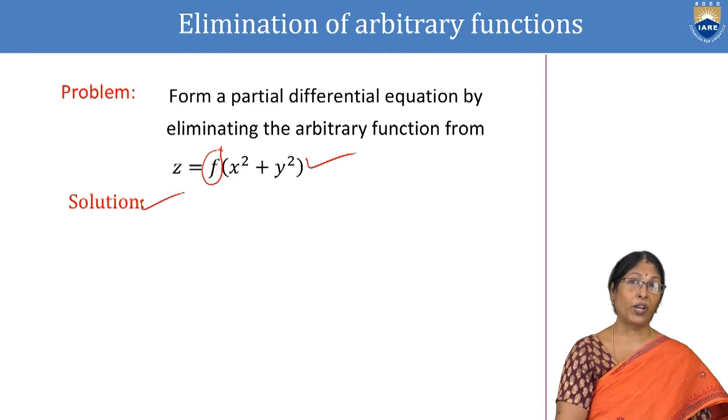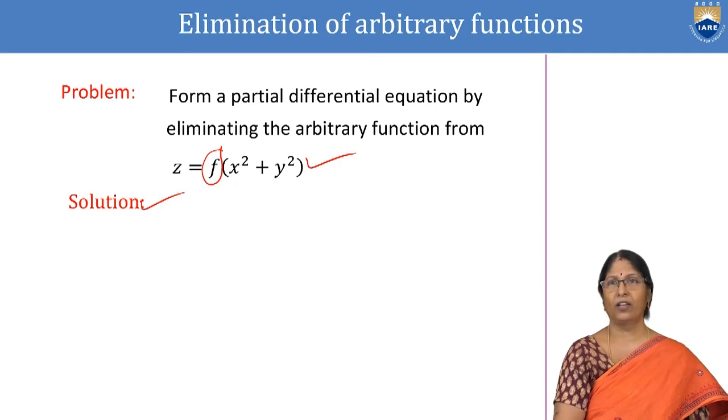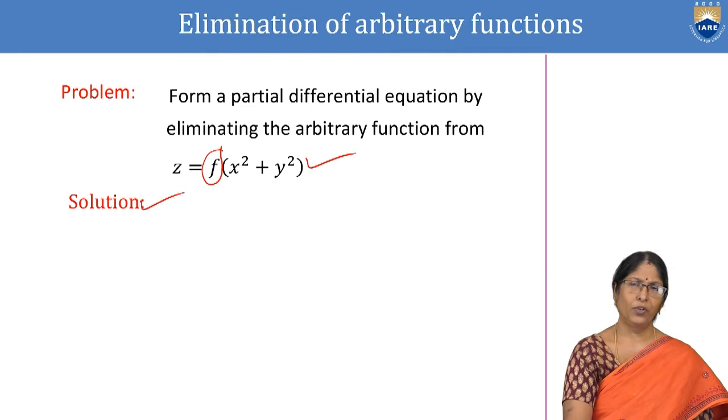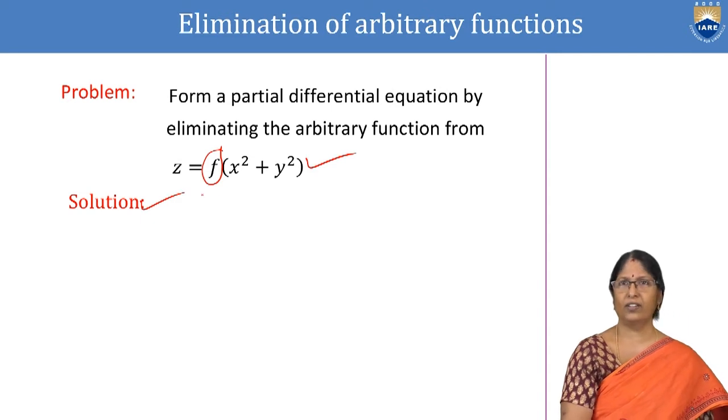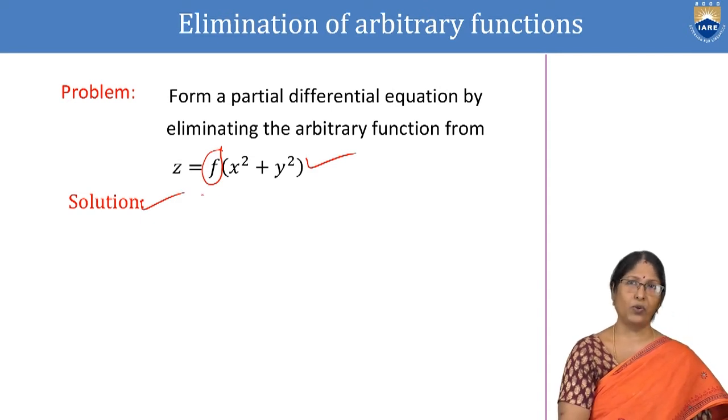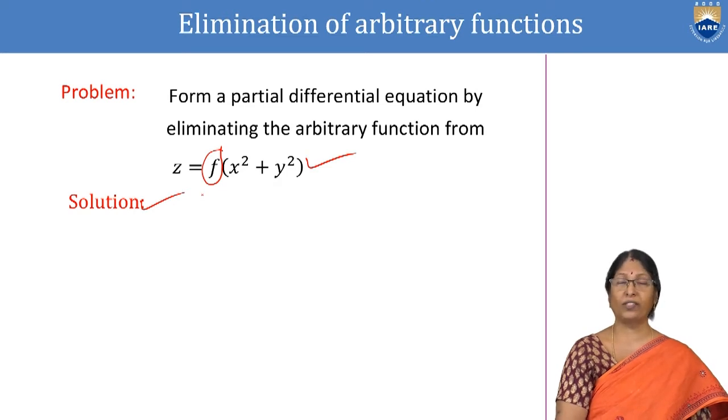Now the notations we discussed: P, Q, R, S, T. Before, the first slide explained this. So now using those notations, what is the required final solution that we are going to get? Otherwise, what is our target towards this problem? How to solve? This f should be removed.